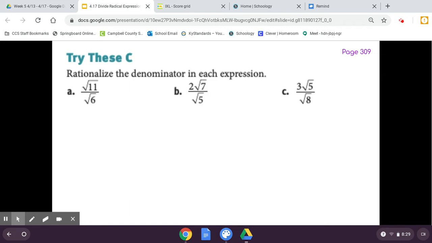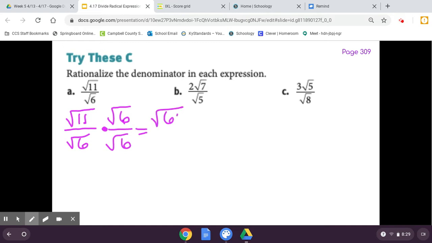All right, here we go. So we're going to start with 11 does not divide by 6 nicely, so we have to rationalize the denominator. That means square root of 11 over square root of 6, the original problem, times the denominator, so square root of 6 over square root of 6. So we're multiplying by the denominator. Then we can just multiply straight across since it's radical under radical. So it's square root of 66 over square root of 36. This is the important part.